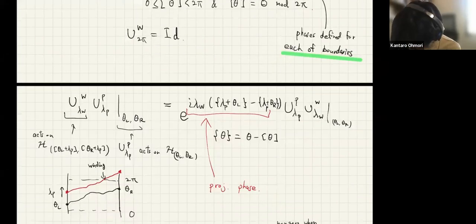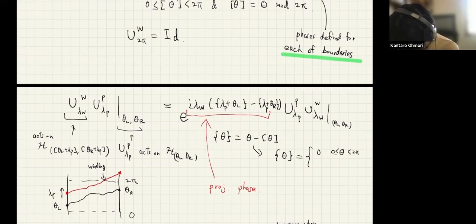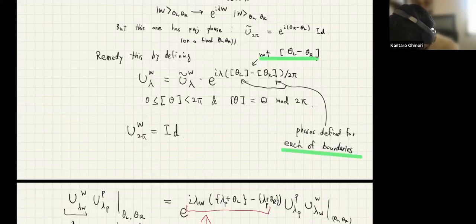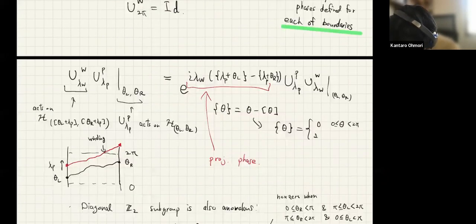So this is 0 when theta is less than 2 pi, and 1 when theta exceeds 2 pi. What is my definition? I'm always confused. It's 2 pi: it's 1 when theta exceeds 2 pi.